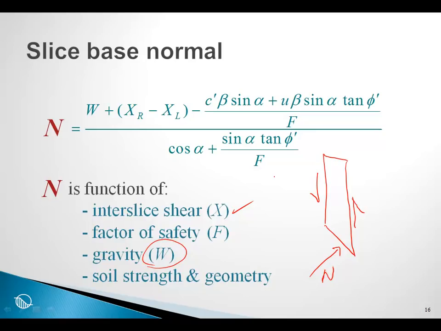The normal is also affected by the inclination of the base of the slice. But what is most peculiar is that the normal is a function of the factor of safety.